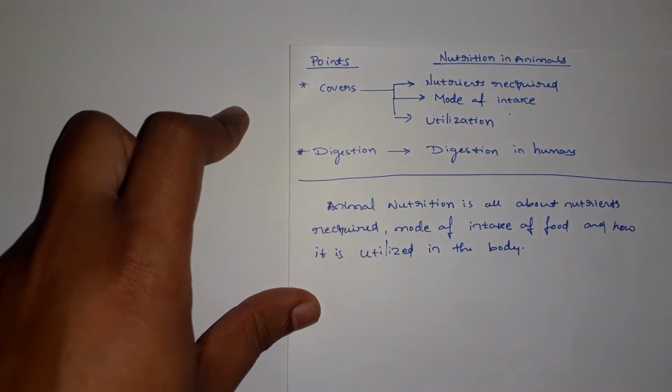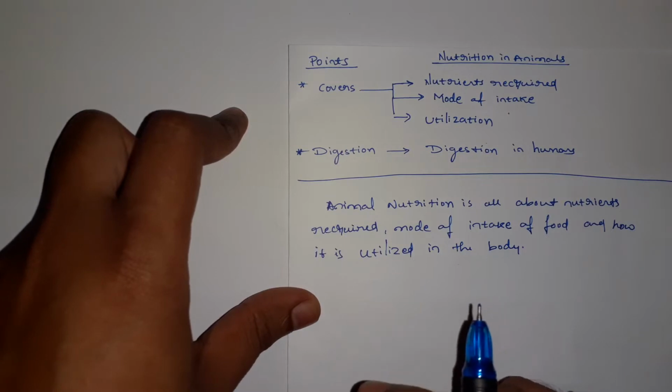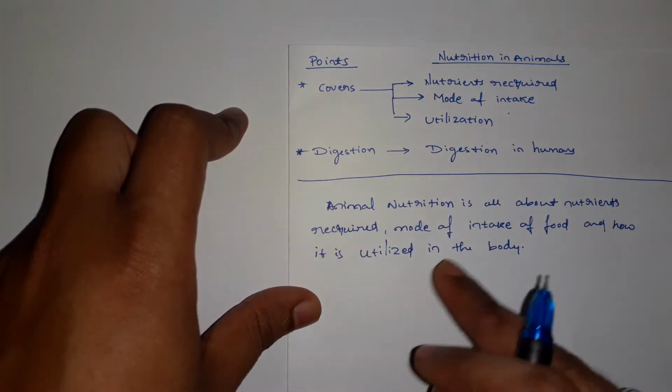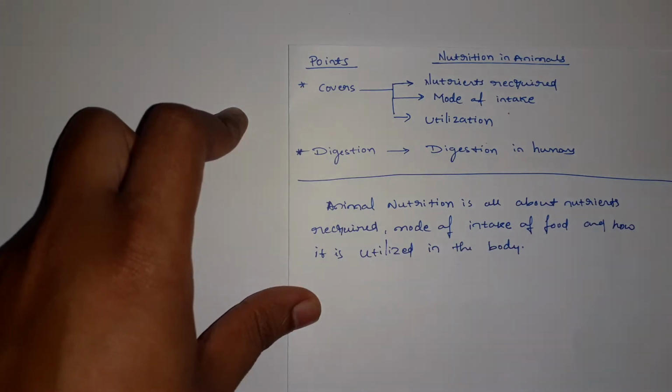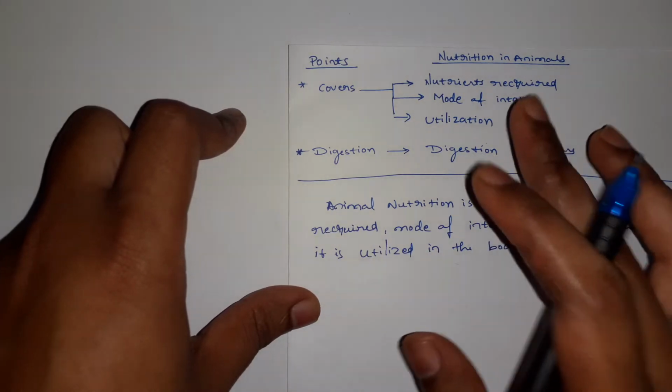Okay, this is all about animal nutrition. If someone asks you to write what you mean by animal nutrition: animal nutrition is all about nutrients required by the animals, mode of intake of food, and how it is utilized in the body. So we'll discuss these points.